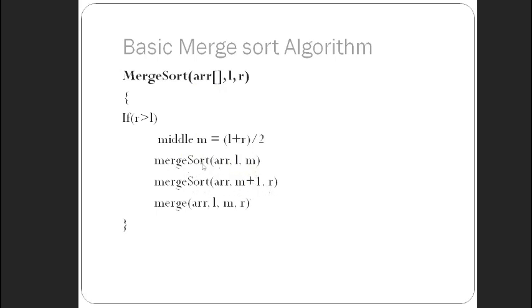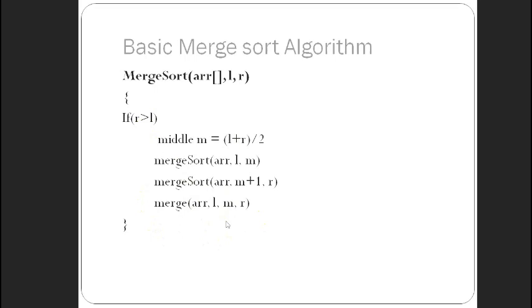So these two parts we have created. Recursively it will keep on dividing, and merge will be called when this condition fails, when L is no longer less than R.